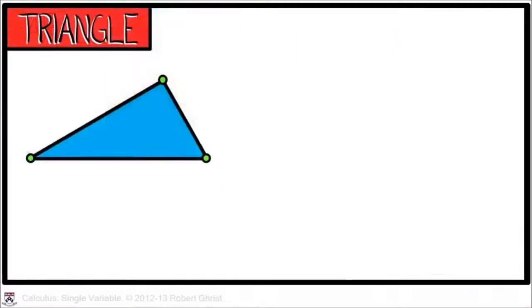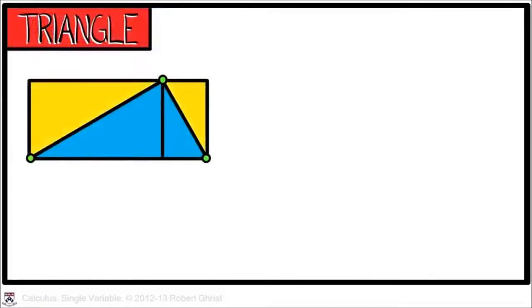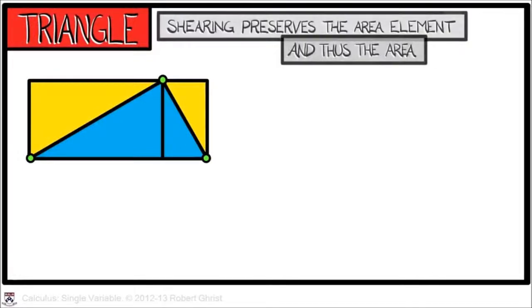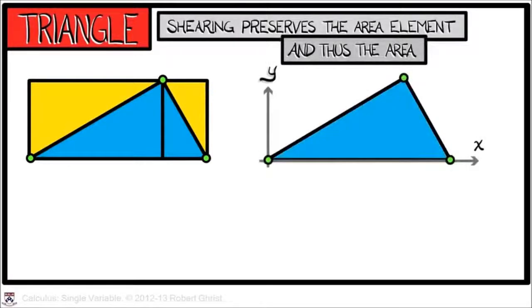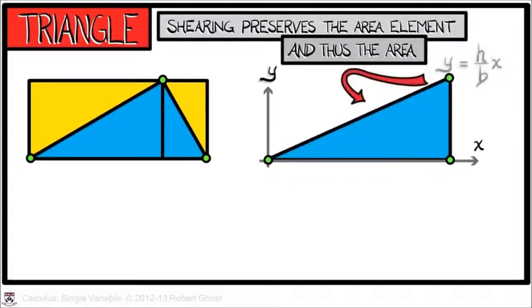This also helps us make sense of the area of a triangle. You're probably used to thinking of it as half the area of the bounding rectangle by using geometry and similar triangles, but we could do things a little bit differently if we also arrange this triangle so that the base is along the x-axis and shear it horizontally so that it becomes a right triangle.